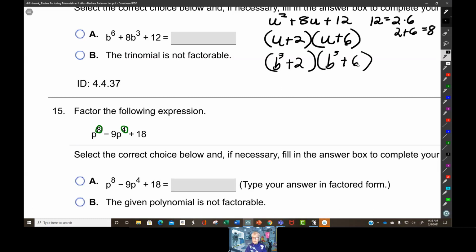These are not perfect cubes. b to the third is a perfect cube, but these numbers, the constants, are not perfect cubes, so no, you can't. Okay, but good thinking, if you were thinking it. So our answer is going to be b to the third plus 2 times b to the third plus 6.